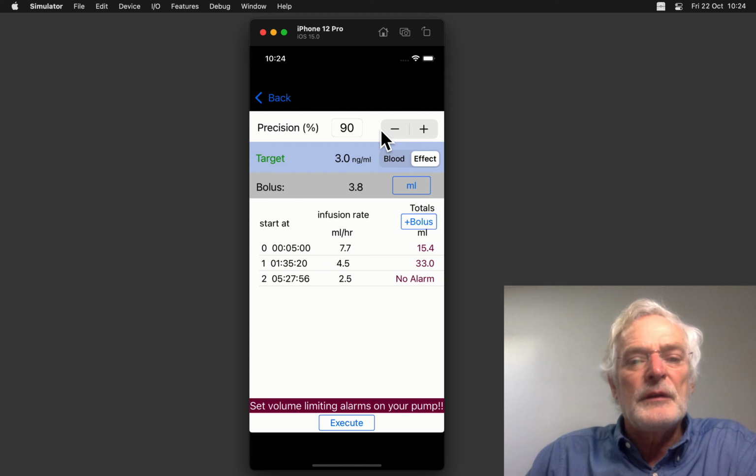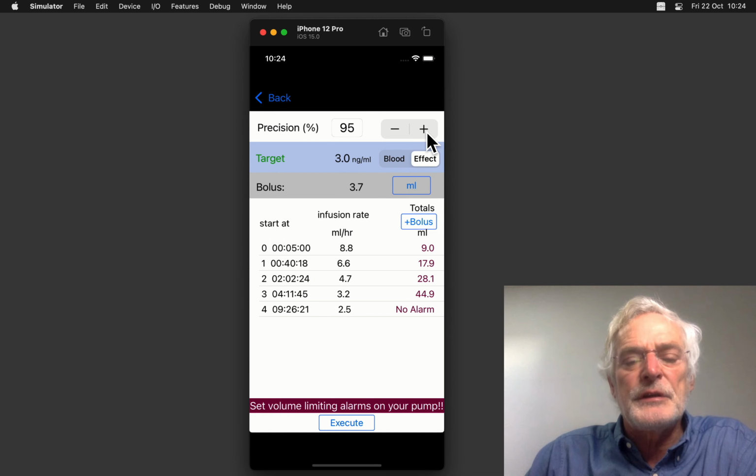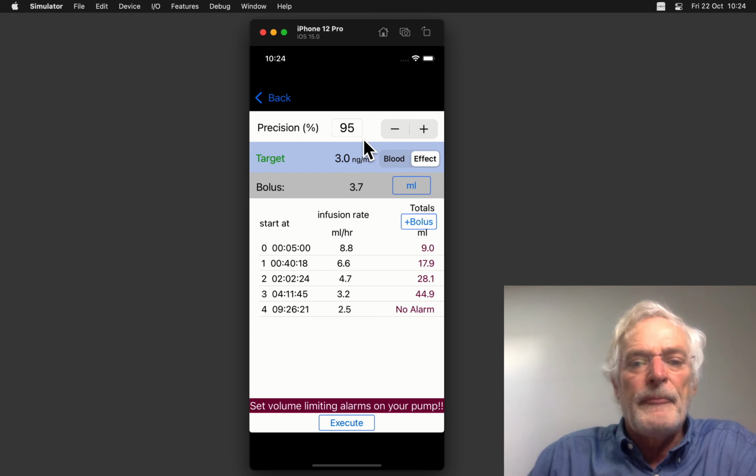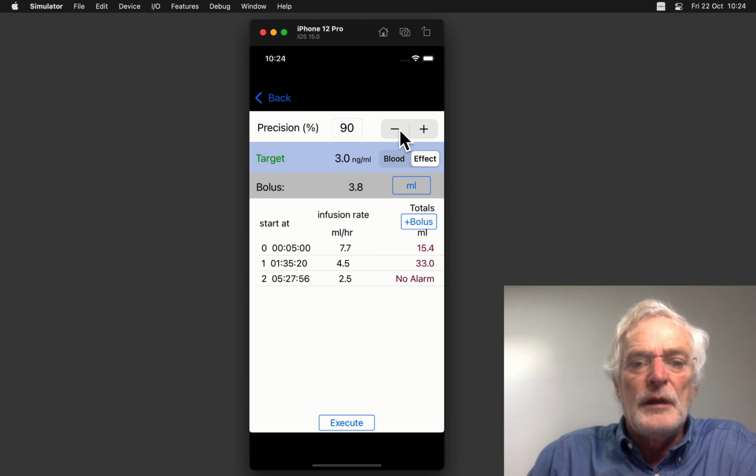This is a little bit large for an analgesic, so I'm going to increase the precision to 95%. And the resulting infusions from these calculations have much more frequent changes, of course, than when you go for a lower precision.